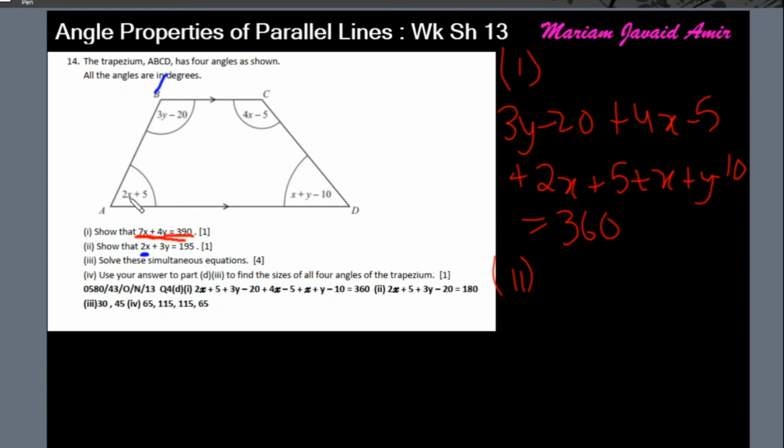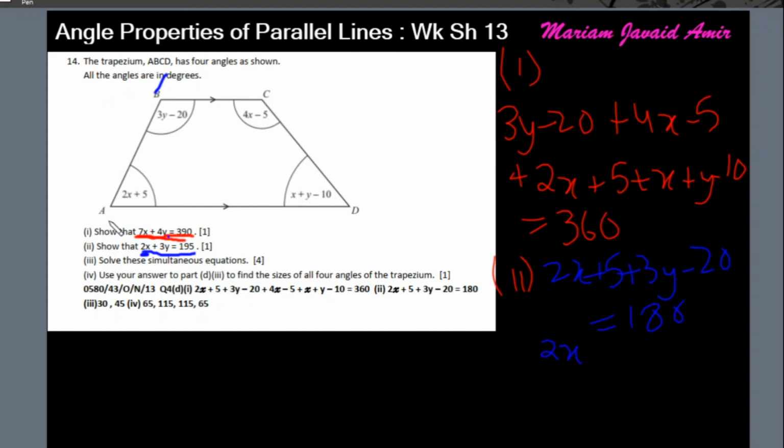We should get 2x, so we'll get 2x by adding these two equations. So simply add 2x plus 5 plus 3y minus 20. Sum of interior angles equals 180. So this will become 2x plus 3y equals 195. We'll get this equation right here.